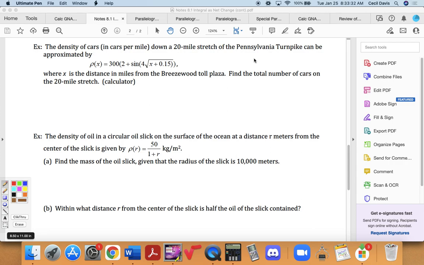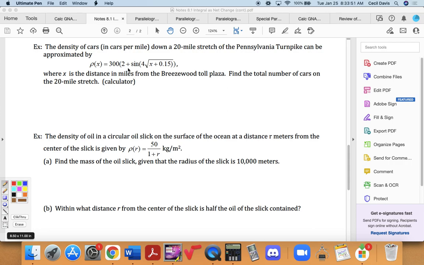Basically what's happening is that you've got a sinusoidal function. So it increases, decreases, increases, decreases, all that kind of good stuff.